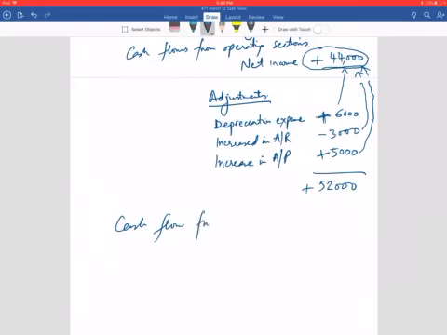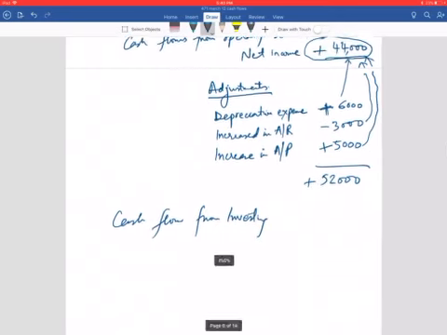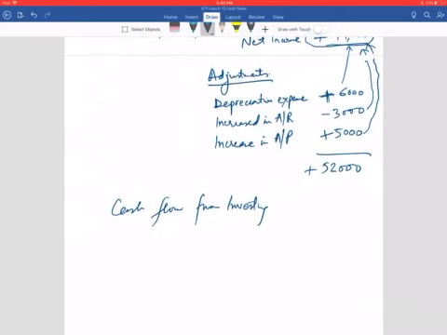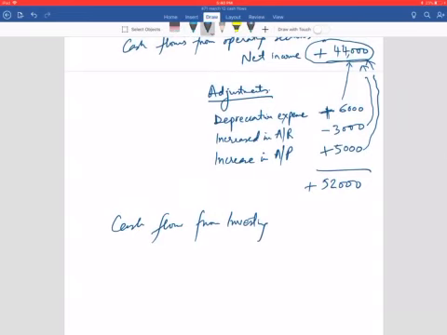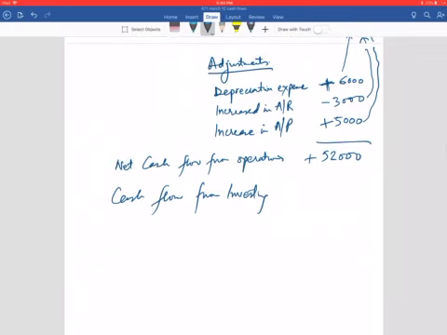So let's do that. Cash flow from investing. What are the investing activities? Let me write this here. Cash flows from operations, right? These are basically net cash flows from operations.